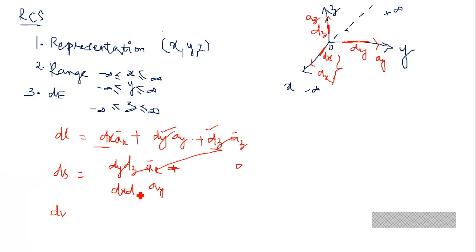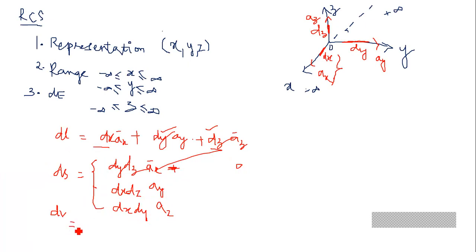That's it. Similarly, if I want az, then I should discard this az term and multiply dy and dx, so I get dx dy. These are the three individual elements for surface, with respect to ax, with respect to ay, and with respect to az.